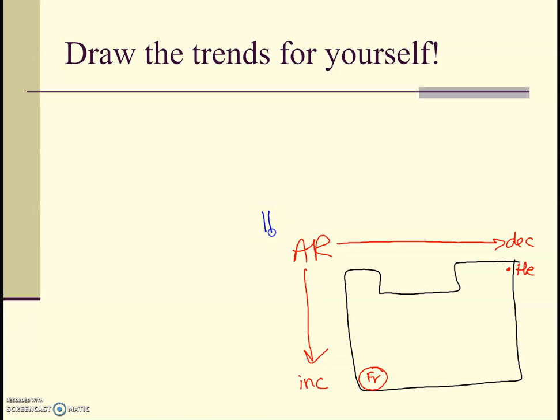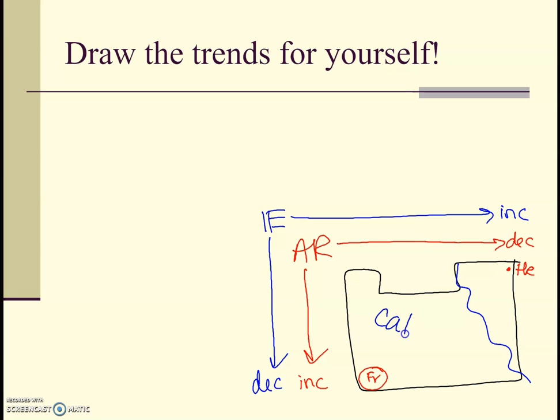Next, we have ionization energy, the amount of energy it takes to remove an electron. So as we travel down, it's going to decrease, and you're going to see it's really easy to remove electrons here. But as you travel across, because they're smaller, it's going to increase. So that means my cations, which are positively charged, are on the left-hand side of the periodic table.